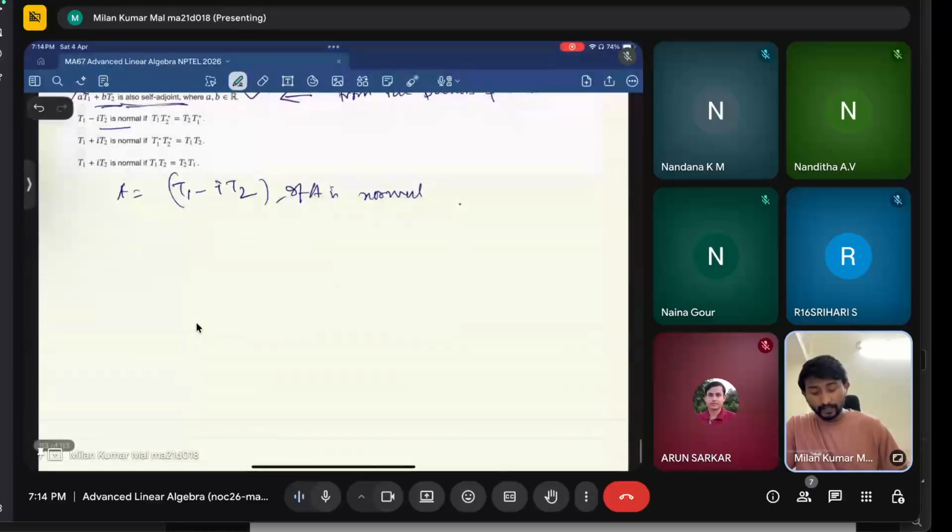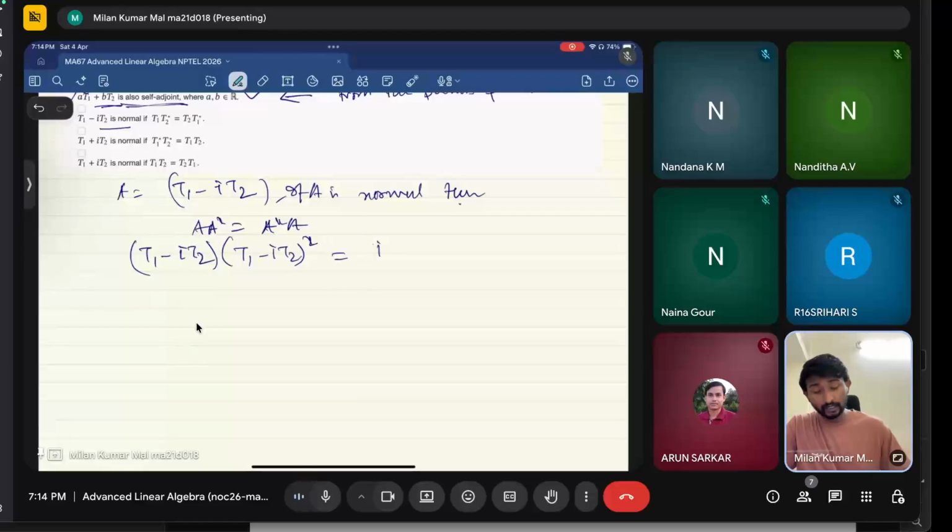That means the adjoint of T1 minus iT2 times T1 minus iT2 is equal to T1 minus iT2 times its adjoint.